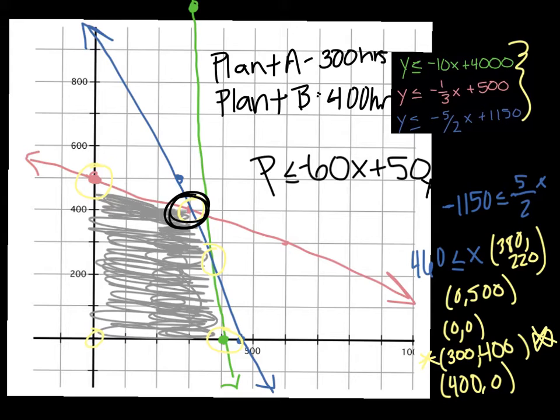So we wrote our inequalities, we graphed our inequalities, and then we looked at our intersecting points and said, okay, based off those intersecting points around the border, which ordered pair or solution is going to give us the highest profit? And that's how we came up with the ordered pair, 300, 400. 300 hours from plant A and 400 hours from plant B is going to give us the highest profit on these bicycles.